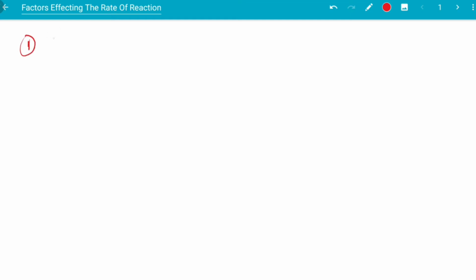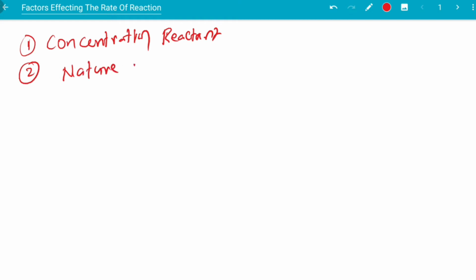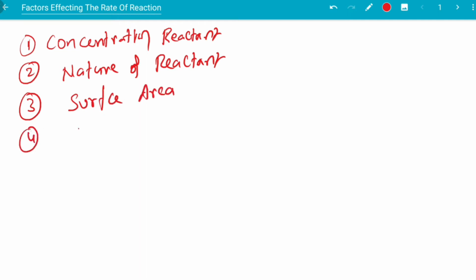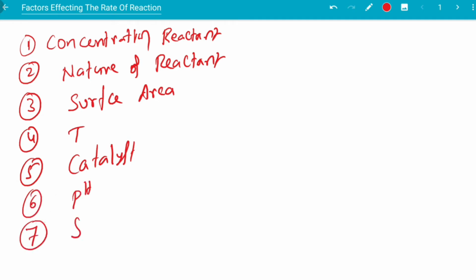Those factors are: first, concentration of reactant; second, nature of reactant; third, surface area; fourth, temperature; fifth, catalyst; sixth, pH; and seventh, source of light.